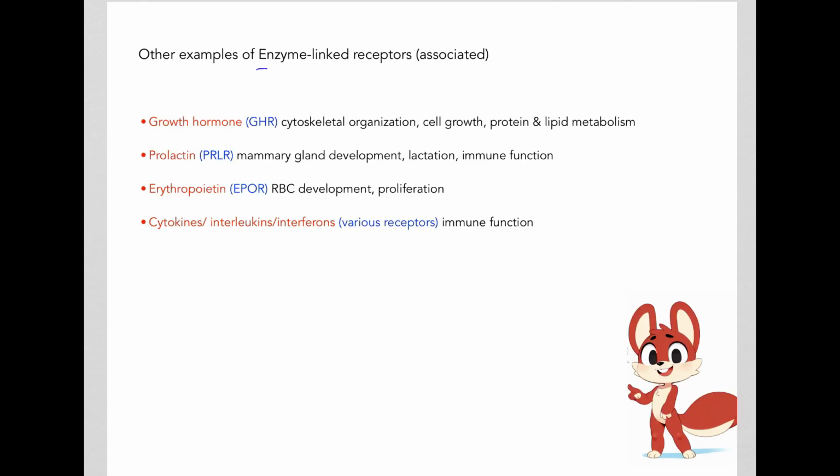Other examples of enzyme-linked receptors that recruit kinases include the growth hormone receptor, the prolactin receptor, the erythropoietin receptor, and several other receptors for signals that include cytokines, interleukins, and interferons. Again, we'll look at these kinds of signaling at appropriate times in future videos.